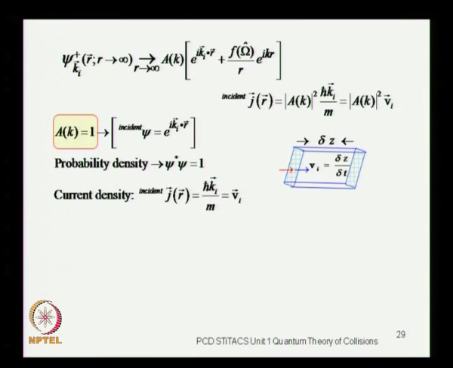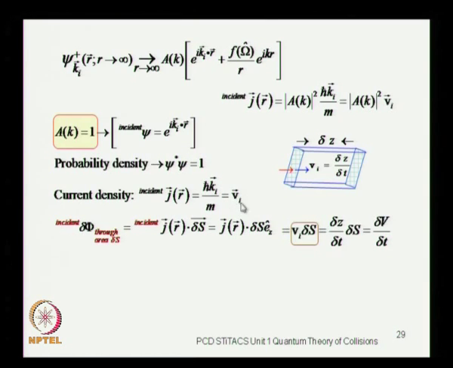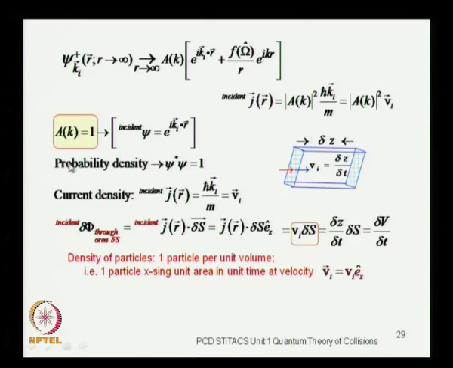Okay, its magnitude will be the same as that of the velocity, and the flux through area delta S, which is this j dot delta S, will be equal to this velocity times the cross sectional area, which we know gives us the rate of change of volume, delta V by delta T. Essentially what it means is that this particular choice of normalization, A k equal to 1, corresponds to a certain density of particles, because delta V by delta T tells us that there will be one particle per unit volume, so that it will cross unit area in unit time at this particular velocity.